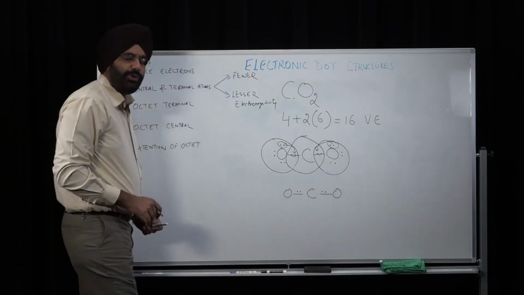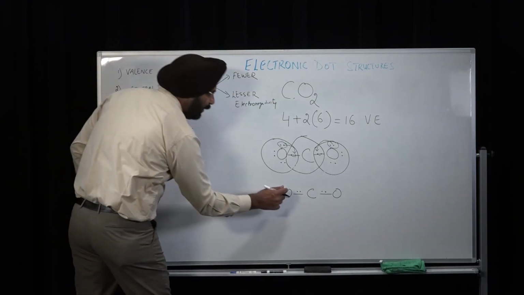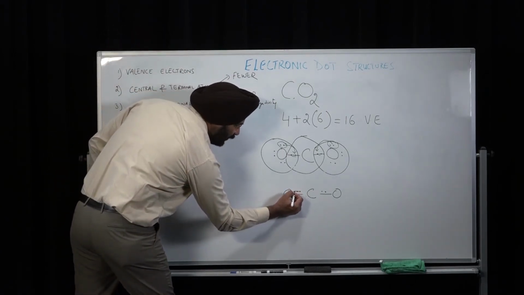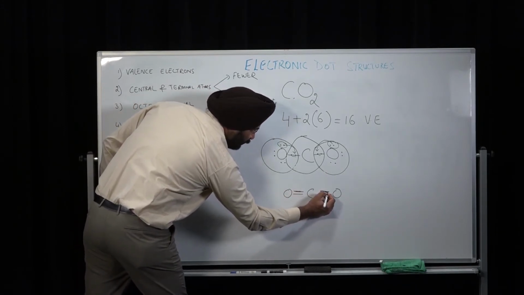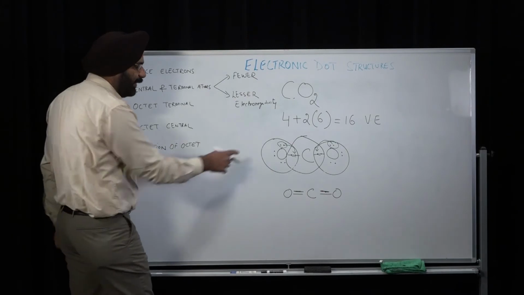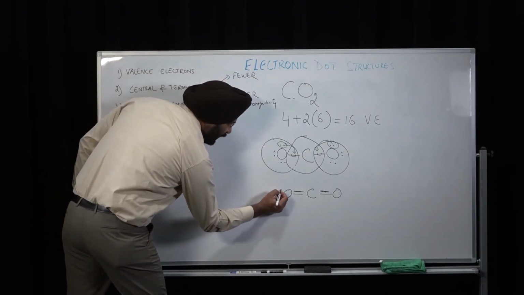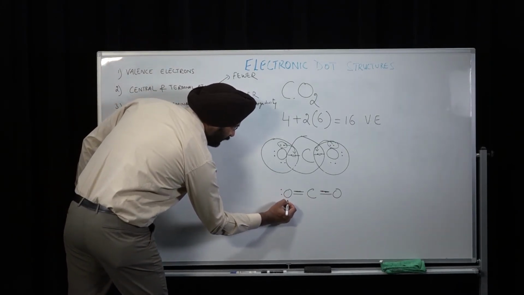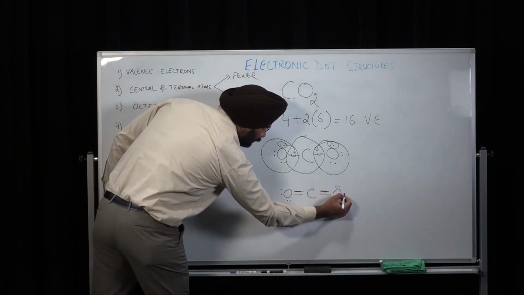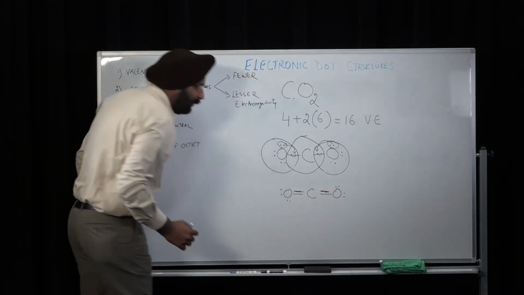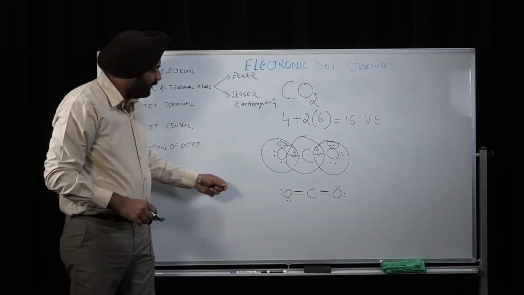And 2 electrons always correspond to a bond. So instead of 2 electrons, I'm just going to represent it with a bond. And then what is left on the terminal oxygen atom is this thing.